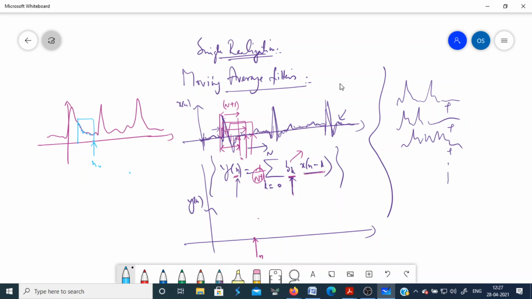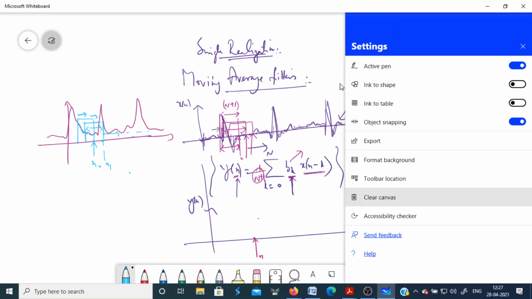Then at the next instant, this window will be shifted to the right. This window will be moving. This is what is called a moving average. At this particular time, it can only see those samples which are within this window, so they again get multiplied with the filter coefficients and added together, and so on. This is how the moving average filters are applied.